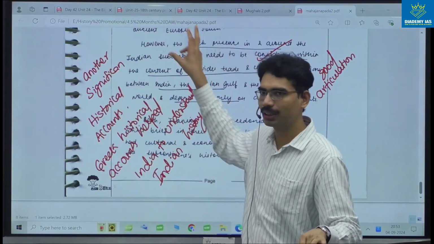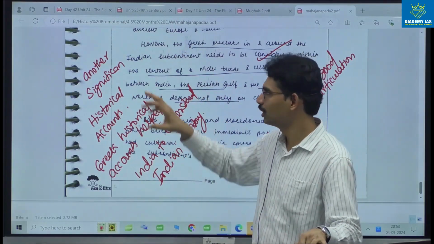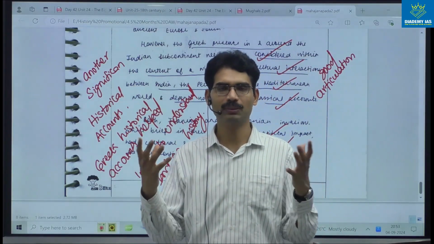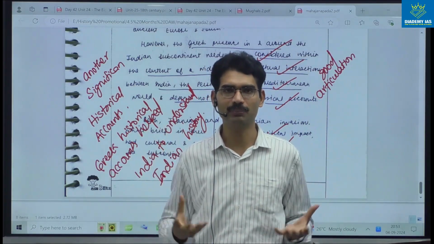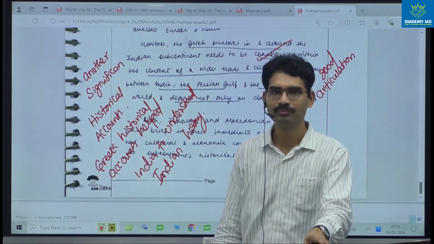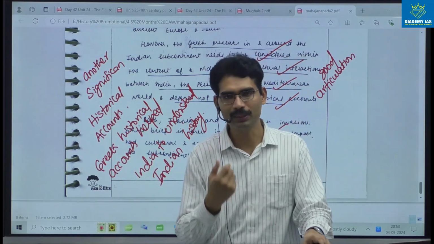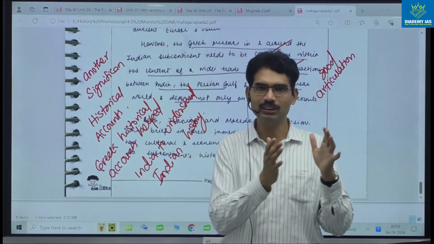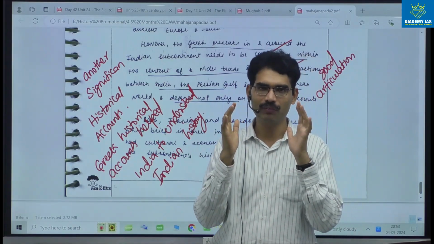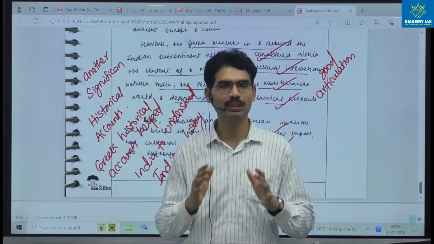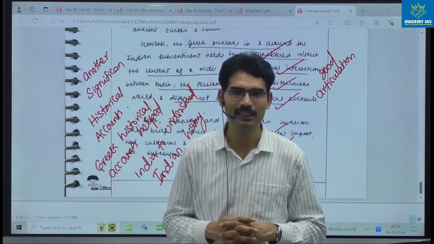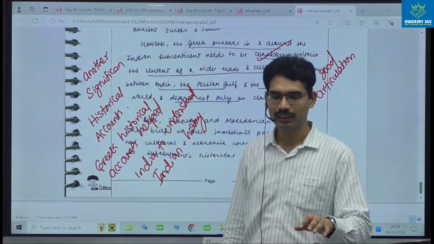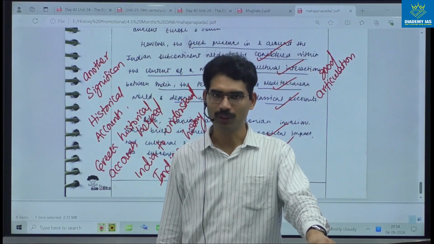Once a question comes on that unit, for example on Mahajanapadas, republics, or the political system during the Mahajanapadas, you are going to write the same content. So in this way, systematically, chapter by chapter, in a well-organized manner, you will be ready for the mains examination. This is how I am conducting the daily answer writing program.